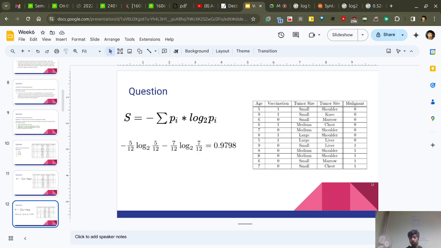Suppose there are 3 additional data, so it will be 5 by 15, 7 by 15, and minus 3 by 15 log base 2 of 3 by 15, like that. Whatever the classes are, you have to perform it via this equation. Okay, so is the calculation clear to everyone?